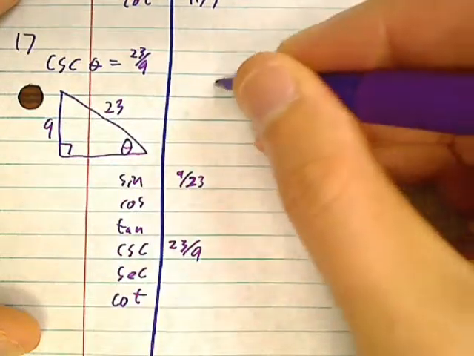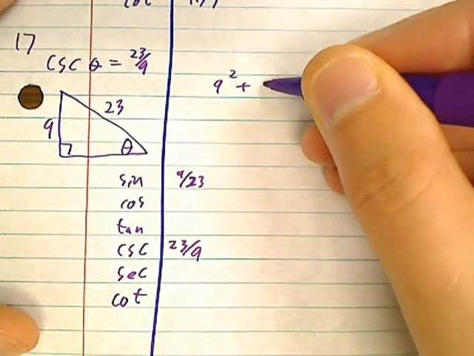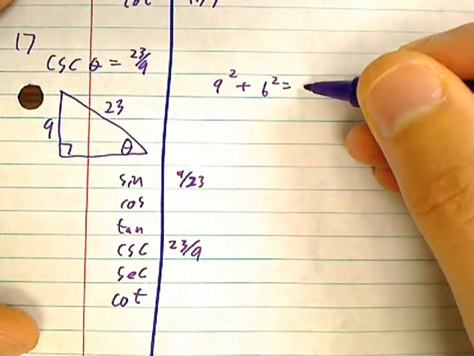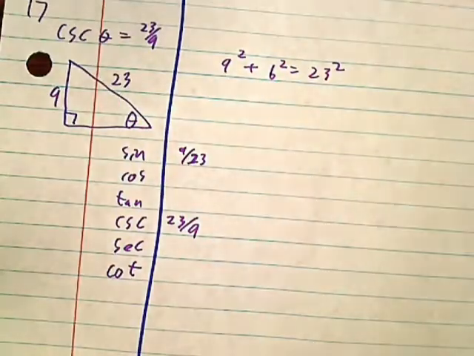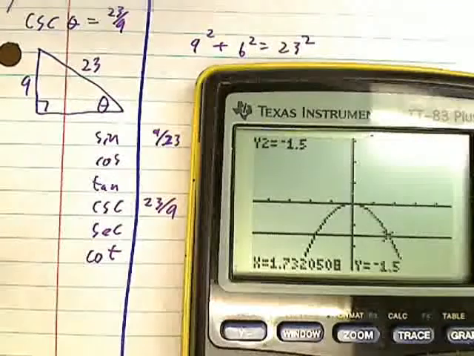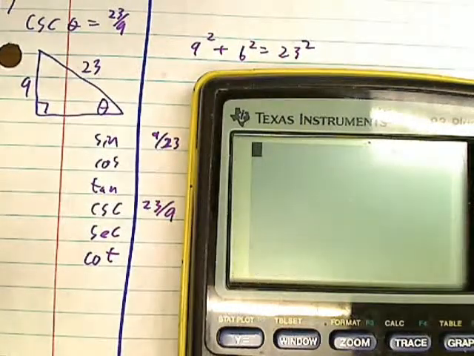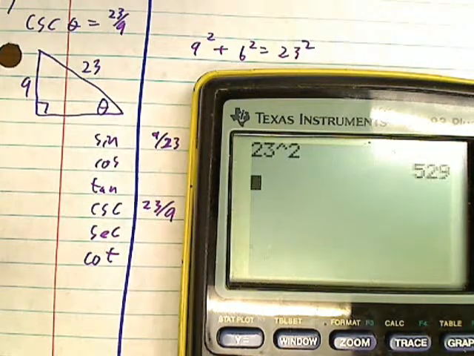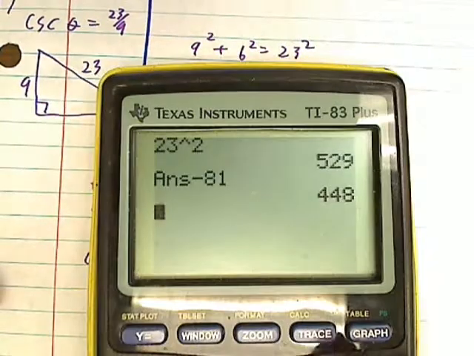Okay, 9 squared plus b squared equals 23 squared. Let's see, 23 squared minus 81, so the square root of 448.